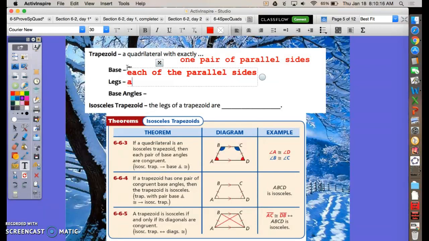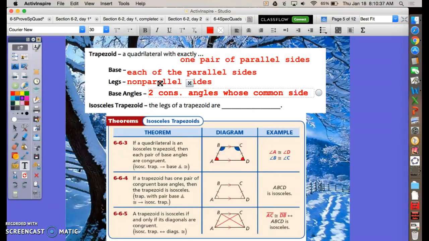The legs then are the non-parallel sides. And the base angles are 2 consecutive angles whose common side is a base.